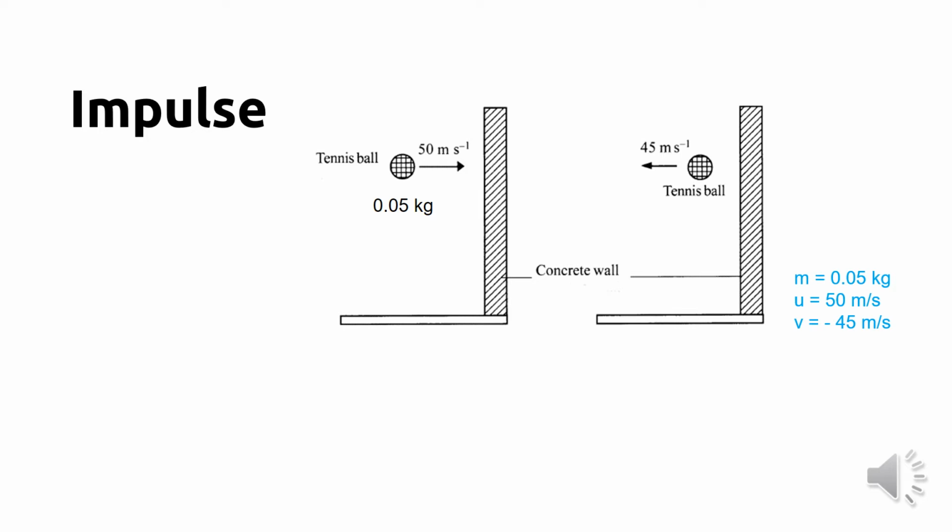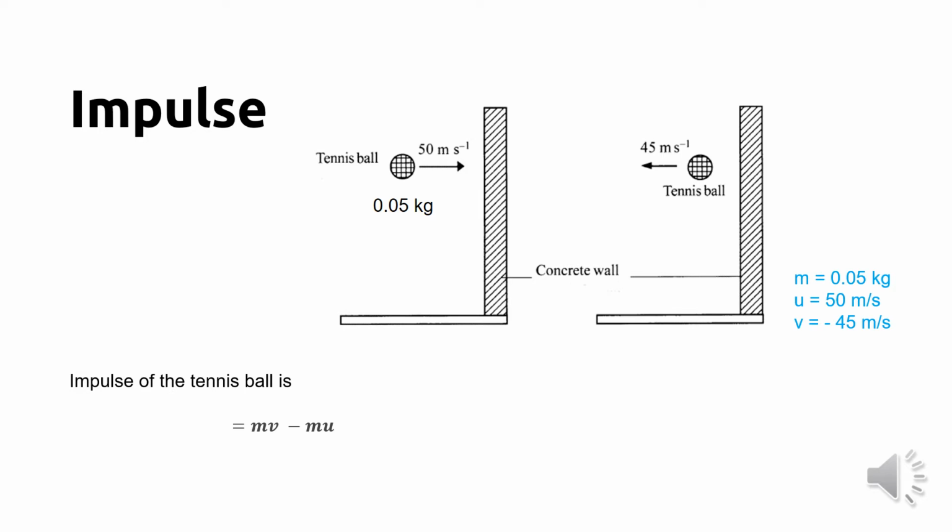The negative sign is because the ball bounced in the opposite direction. To calculate the impulse of the tennis ball, we use the formula mv minus mu.